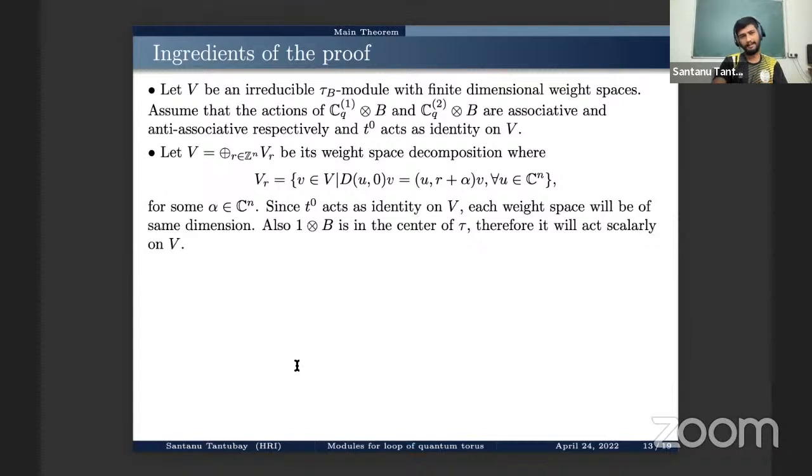Since T0 acts as identity on V, each weight space will have the same dimension. Also, we can see that 1 tensor B lies in the center of tau. Therefore, it will act scalarly on V.